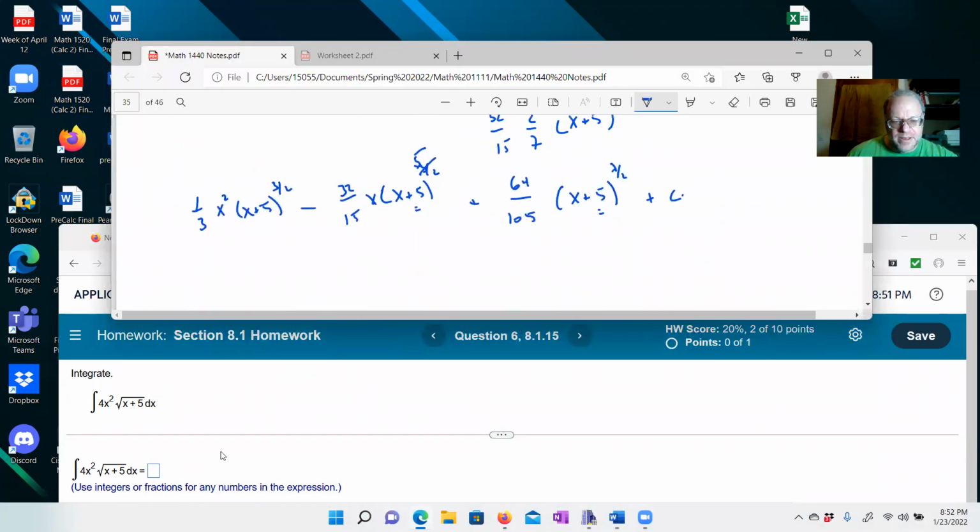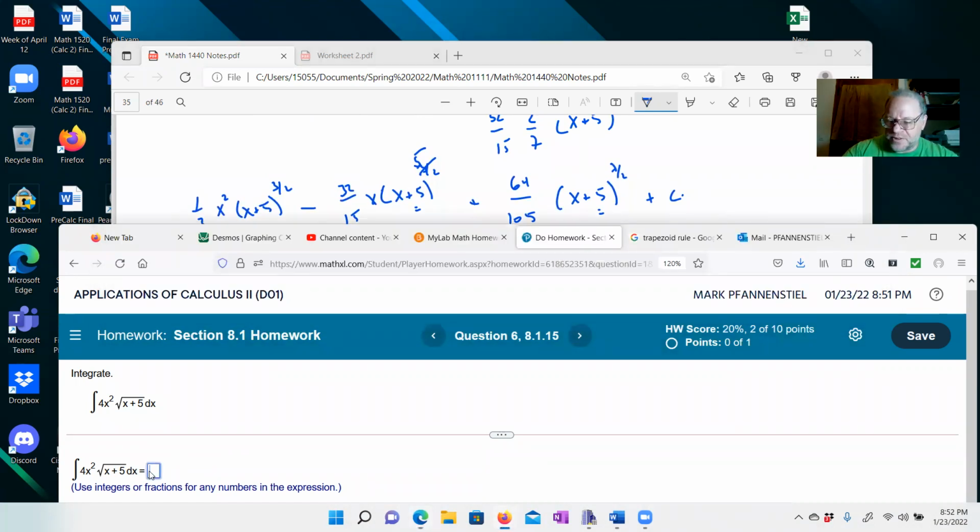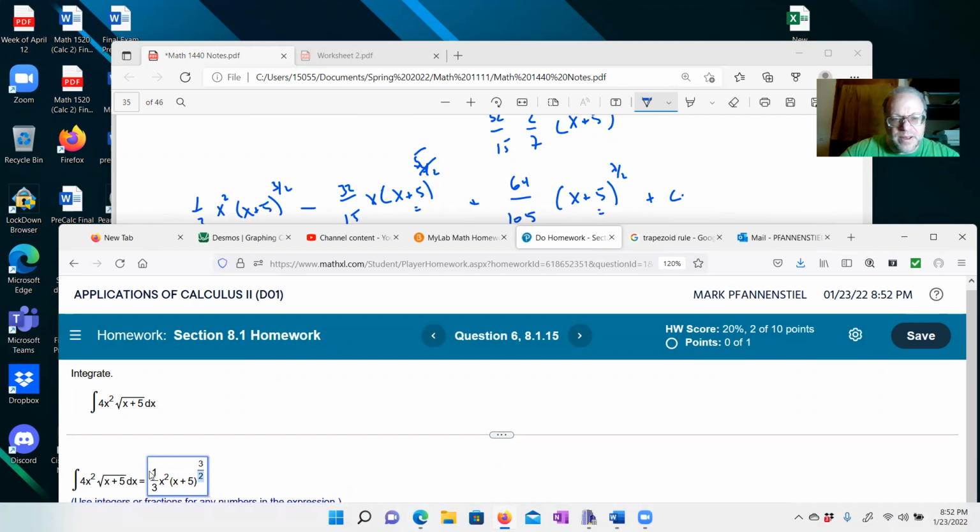All right. So here, what is this going to be? 1/3. Okay, I'm not going to even pretend that this is going to go in the right way, but who knows? We got lucky. This is (x plus 5) raised to the 3 halves, right? Minus 32/15, okay, times (x plus 5) raised to the 5 halves.